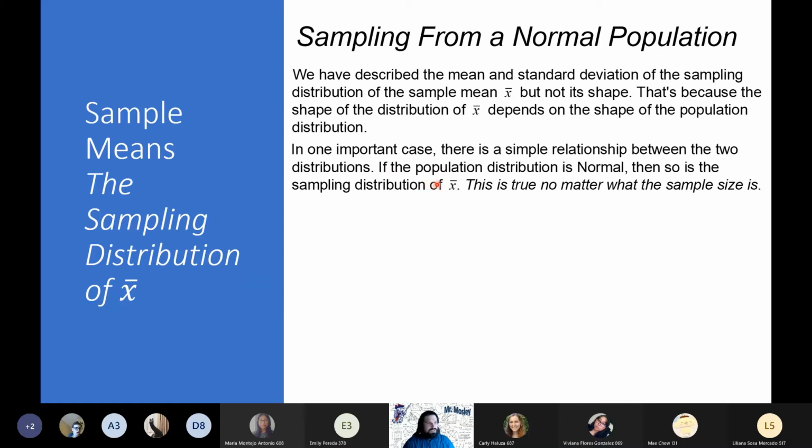If the population distribution is normal, then so is the sampling distribution of X bar. This is true no matter what the sample size is. So even if I have a teeny tiny sample size, if I start with a normal distribution for the population, I get a normal distribution for the sampling distribution. That's kind of nice.